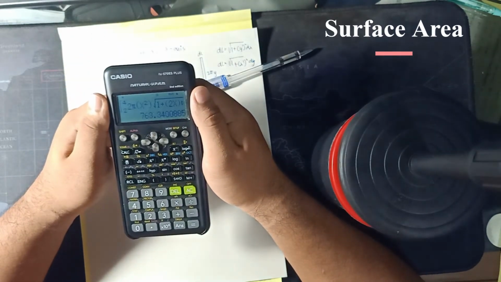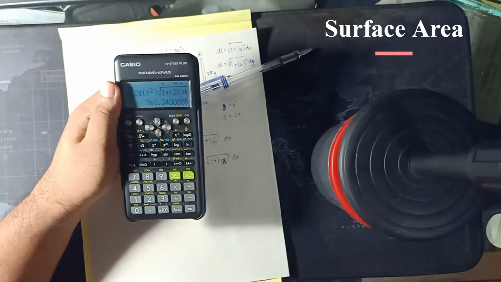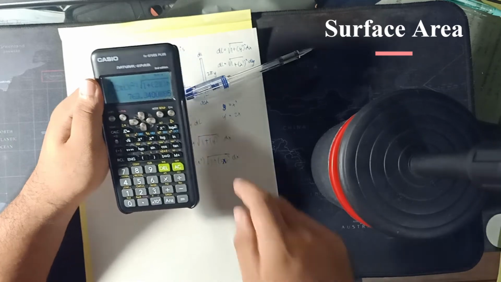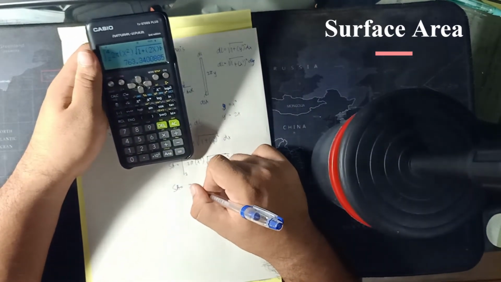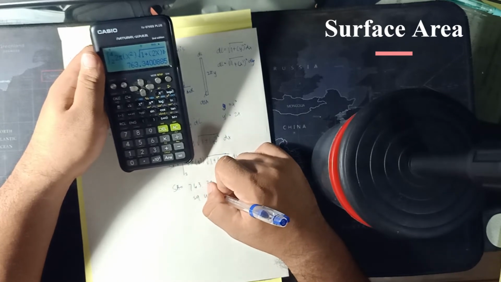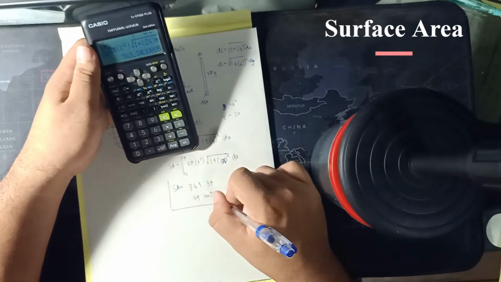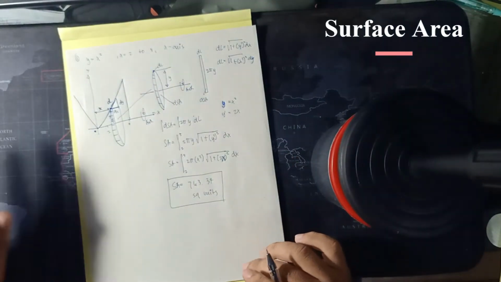So for your answer, that would be 763.3, and so on and so forth. That would be 763.34 square units. And this is for your number 1.